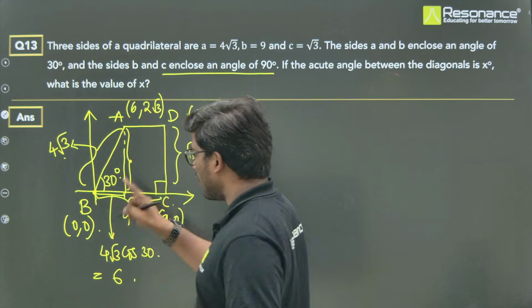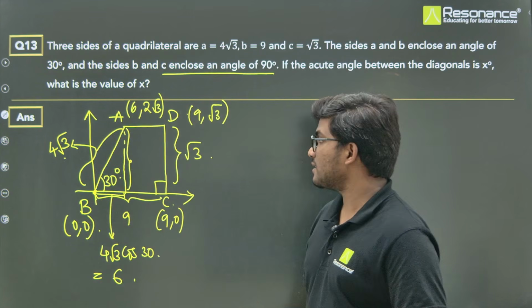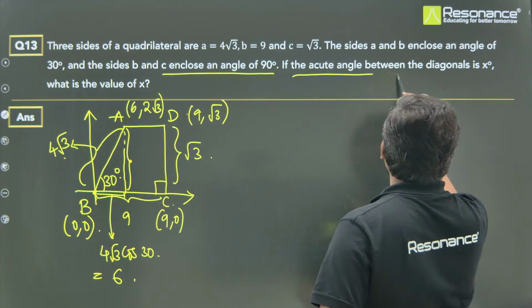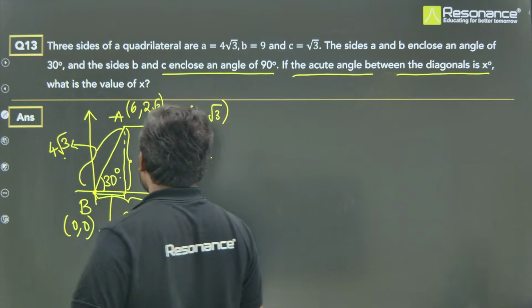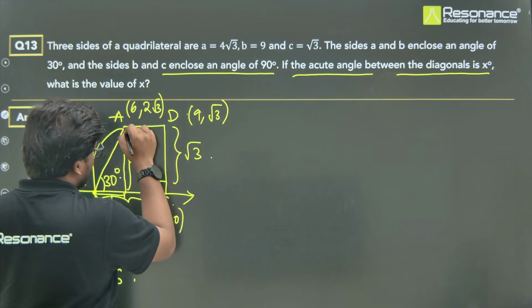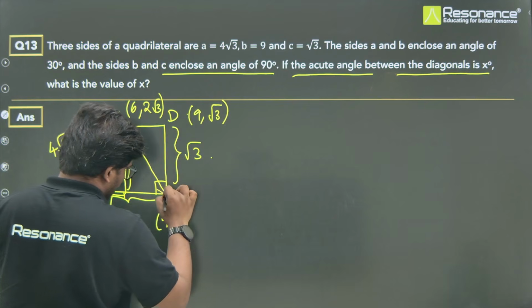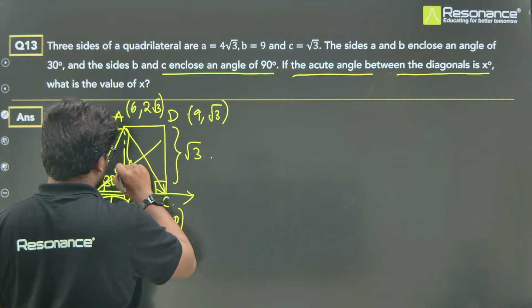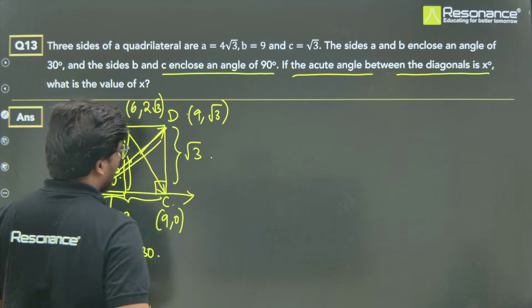Now that we got all the vertices in terms of coordinates, let's write down what they are asking us: the acute angle between the diagonals. So the diagonals are AC bar and BD bar.